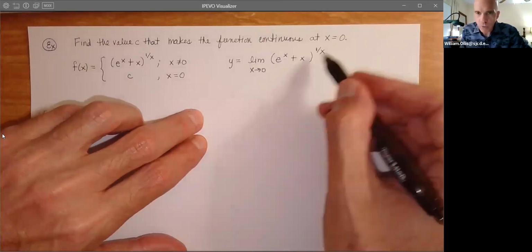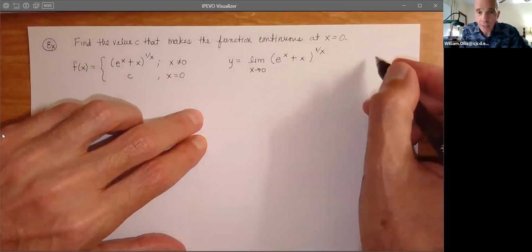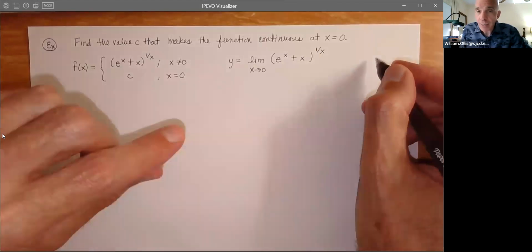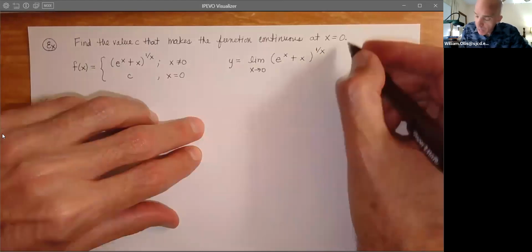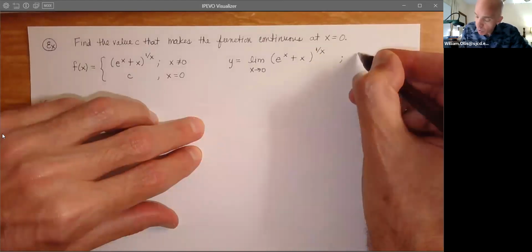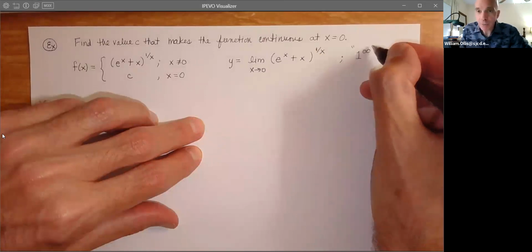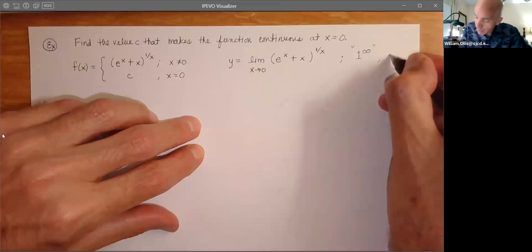And then 1 over x is 1 over 0 as x approaches 0, which from the right is infinity or negative infinity. So we've got a 1 to the infinity form, where you can switch out the plus and the minus, or write it this way. It doesn't change anything.